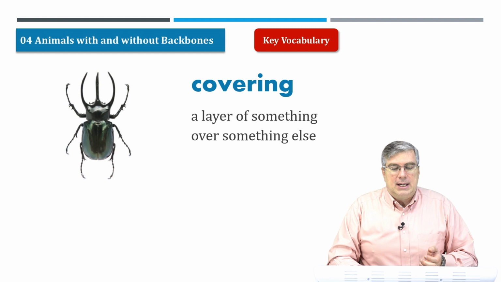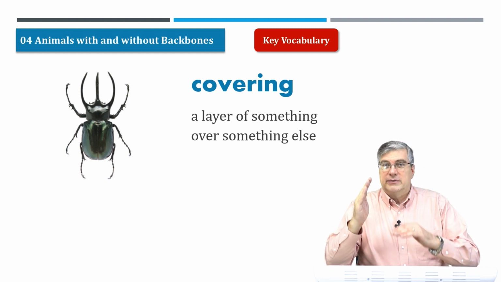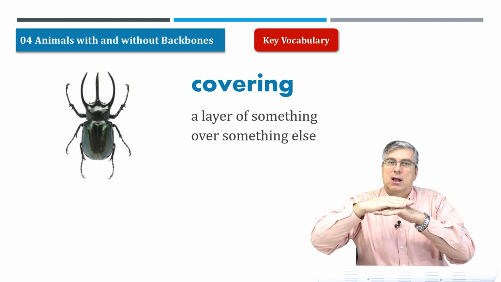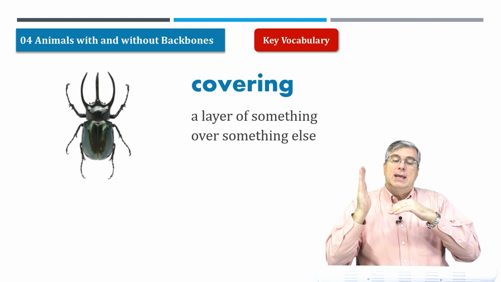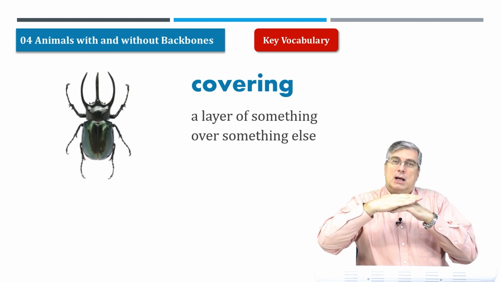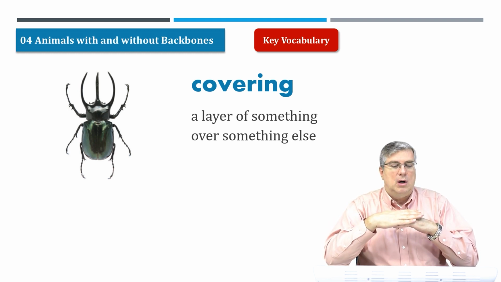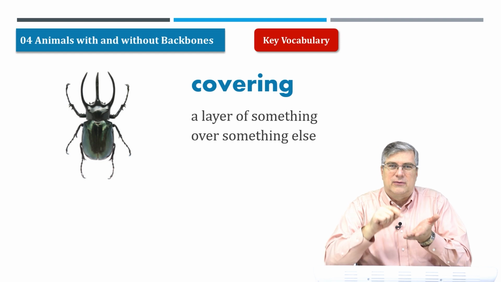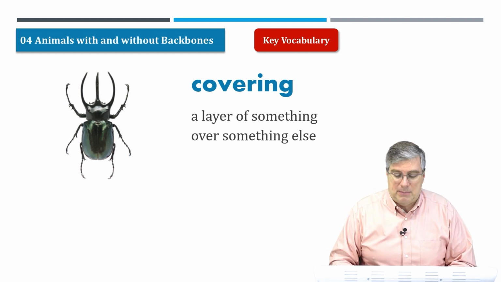A covering is just a layer of something over something else. Like you in your bed, you have a covering, a blanket over you. It's a layer of blanket or material, cotton, whatever, over you when you sleep to keep you warm. Insects have a hard covering, right? That protects them. They don't have a backbone.